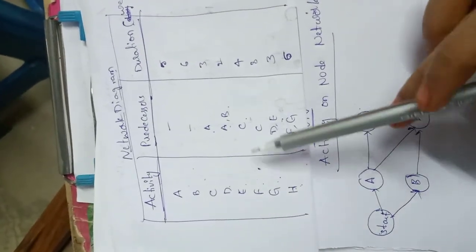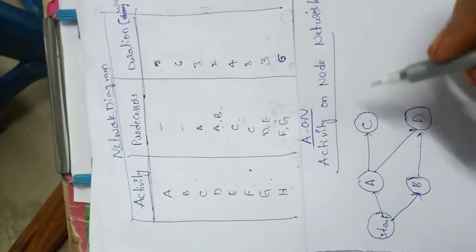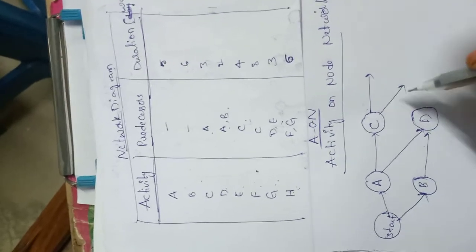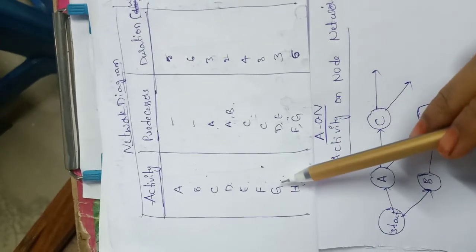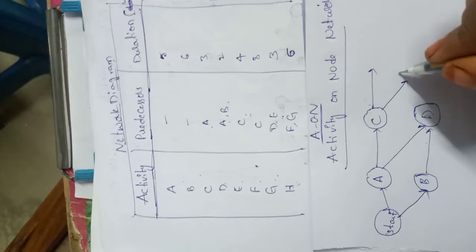After that, from C node we will be having two activities E and F. We need to connect them. Here G will be having D and E as common activities.